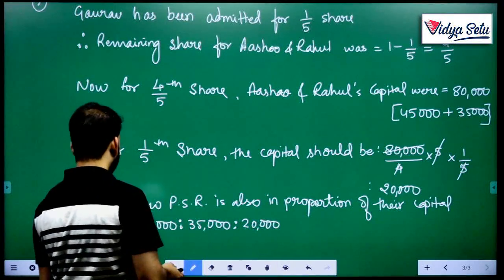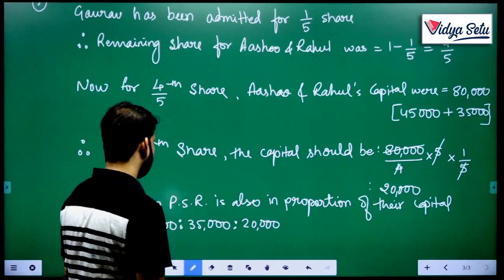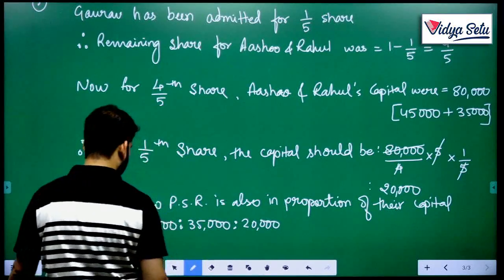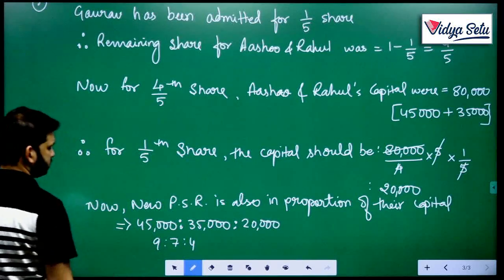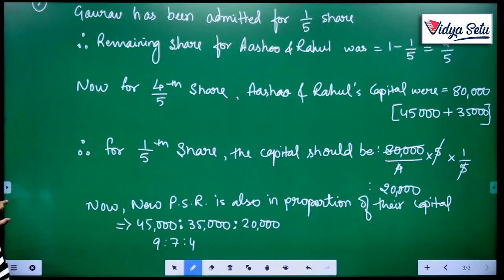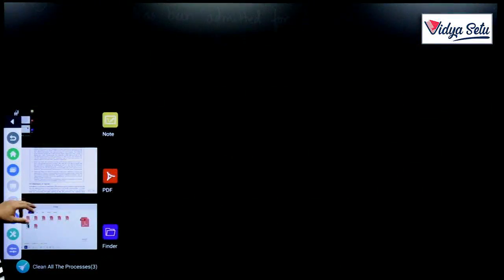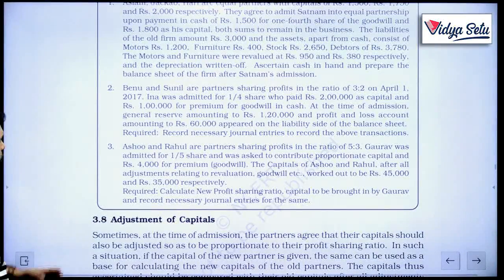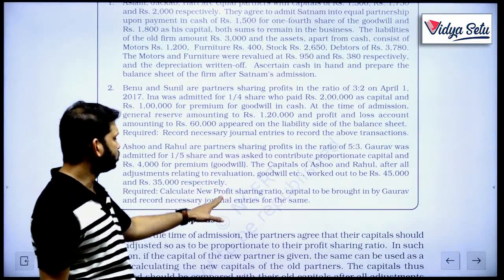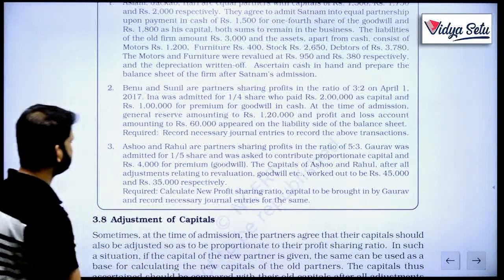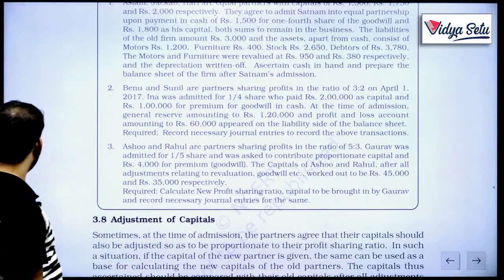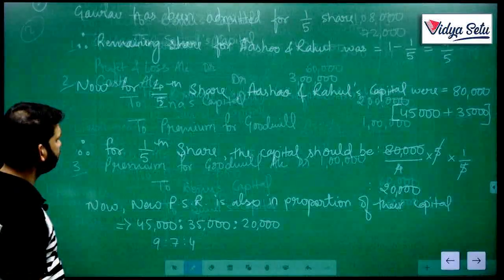So 9 is to 7 is to 4. Yes, this is the new PSR. I guess we have to record the journal entry also for his admission and premium for goodwill. The question is almost done, just the journal entry.